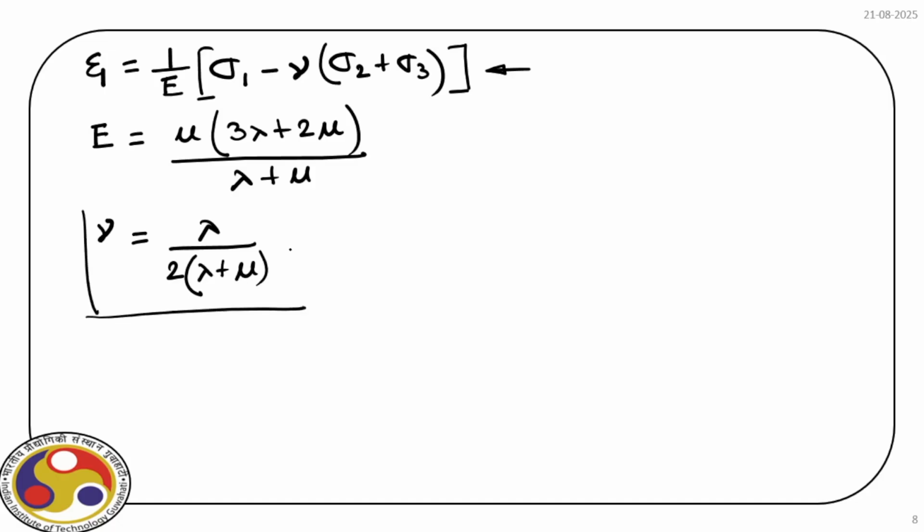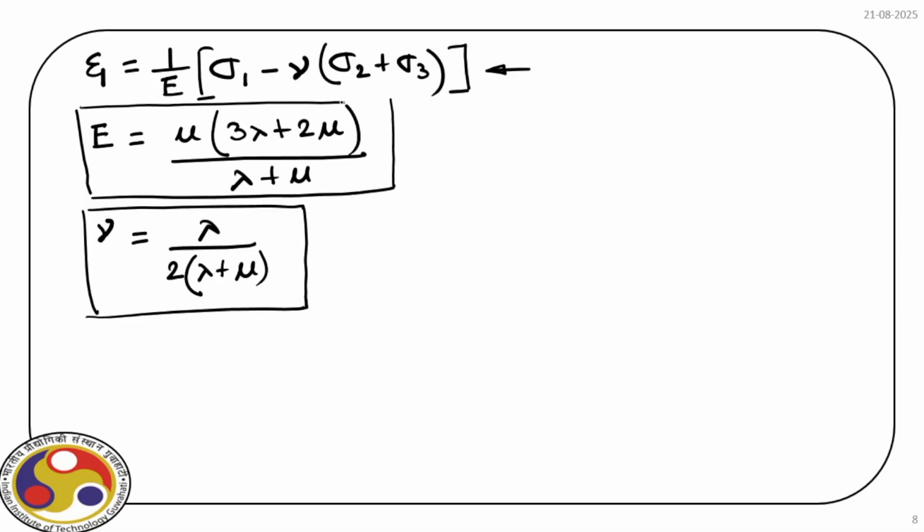So what we have done here is derive Young's modulus and Poisson's ratio in terms of Lame's constants. That actually completes our derivation.